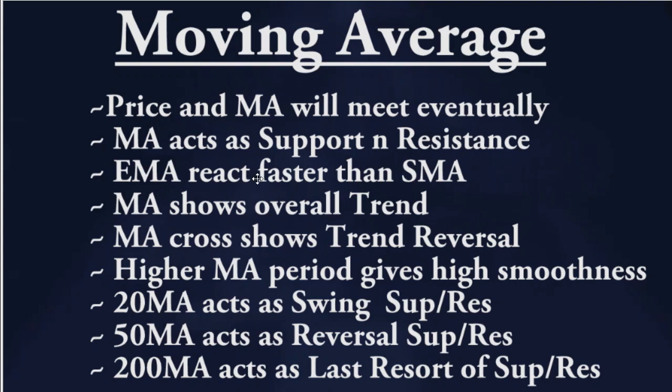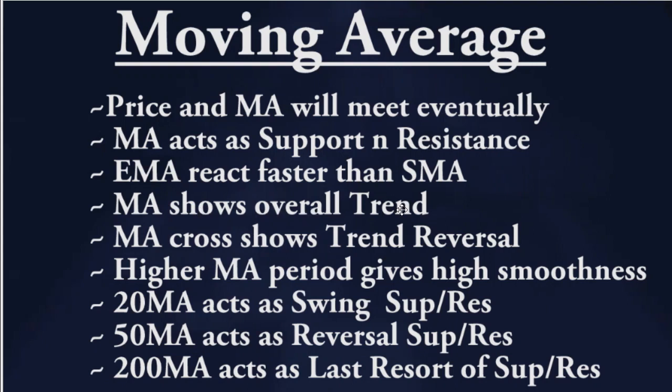Exponential moving average reacts faster than simple moving average because it gives more weightage to the latest candle as compared to the older candles. It means the distance between the price and the EMA is less as compared to the distance between the price and SMA. Moving average shows the overall trend.